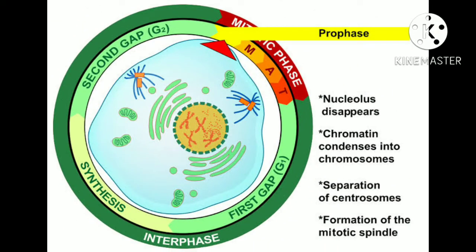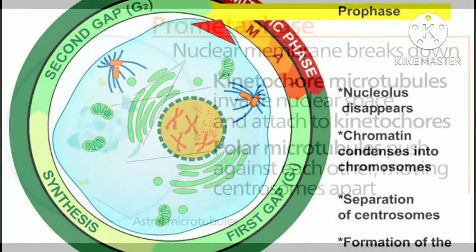Next phase is the prophase. It is the process that separates the duplicated genetic material, or the duplicated DNA carried in the nucleus of a parent cell, into two identical daughter cells.